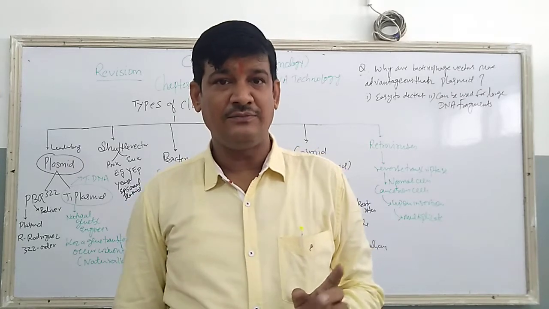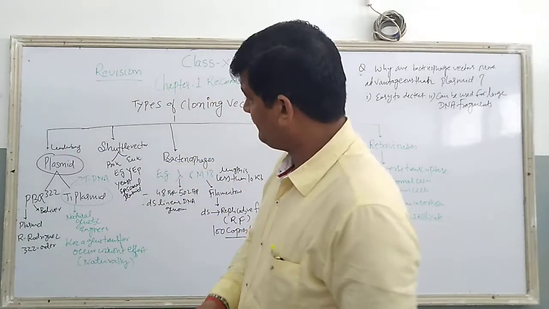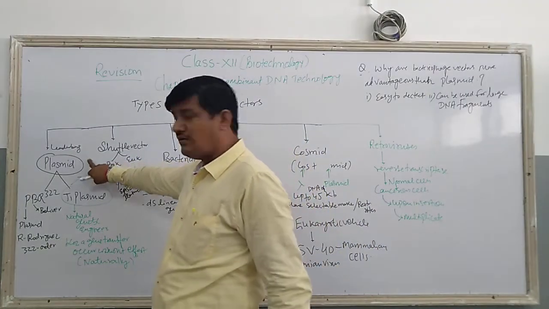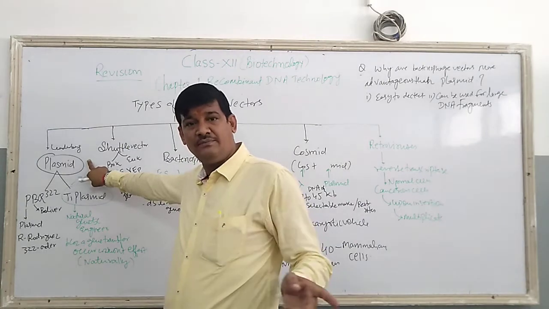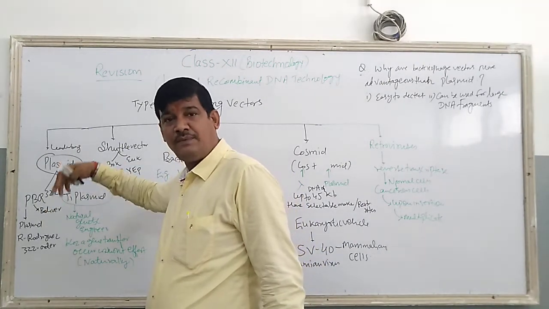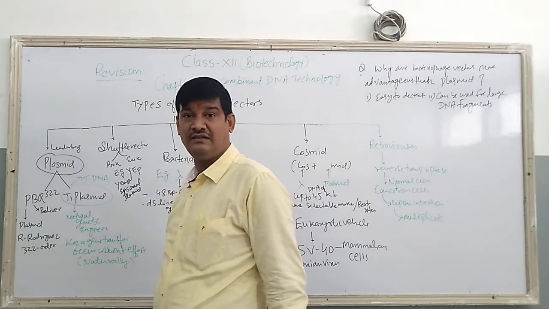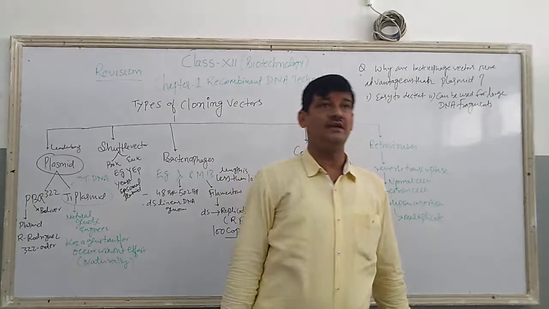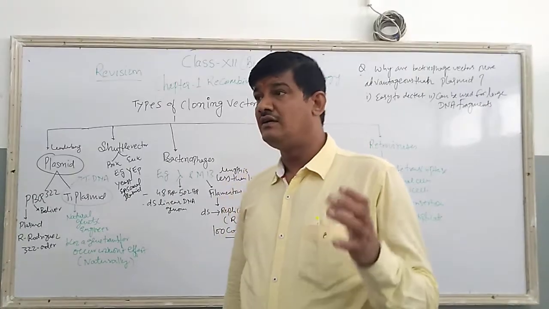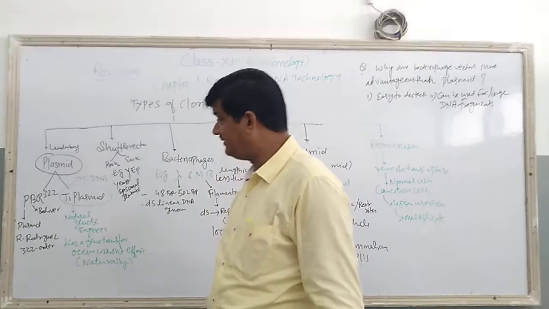The term plasmid was coined by Lederberg, and these plasmids, along with their genetic makeup, have the power of replication. They provide resistance properties to the bacterial cell. So most of the bacteria having resistance power have it on behalf of the plasmid.